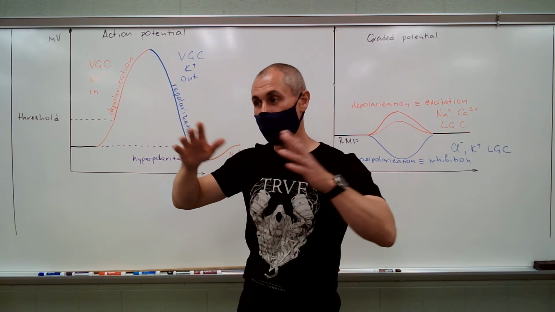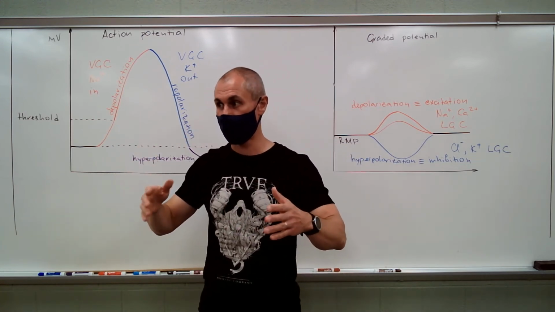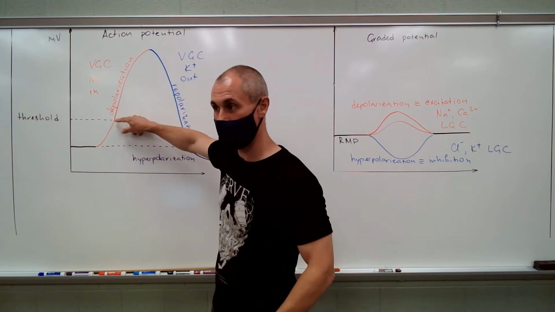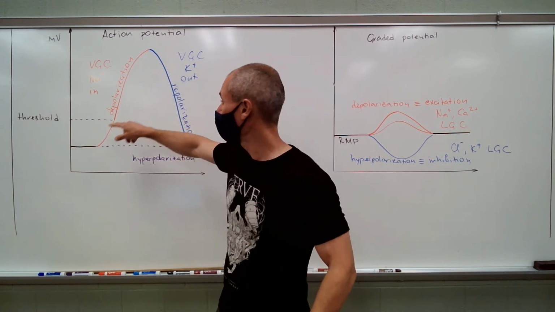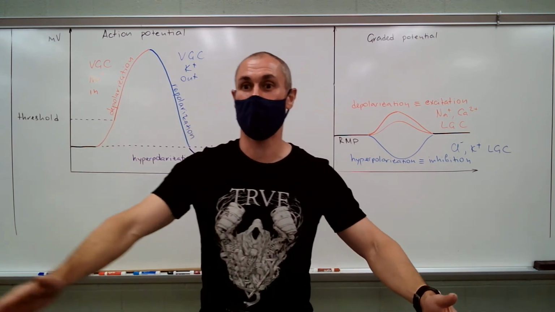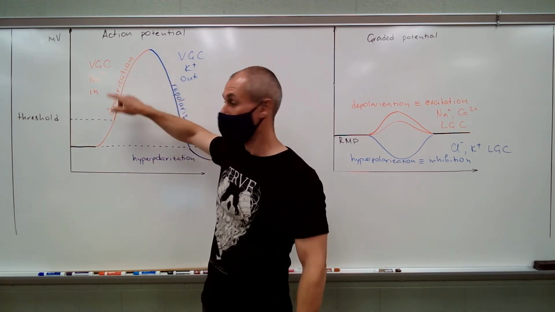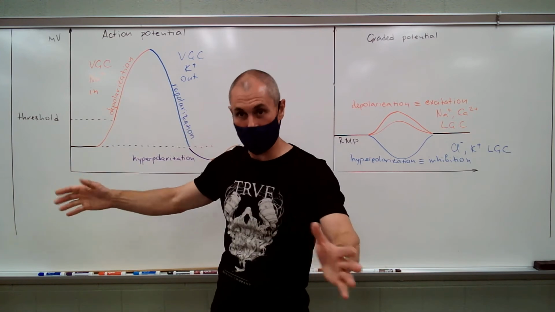If the number of ligand-gated channels that are open is sufficient to cause depolarization that will cross the threshold, you have voltage-gated channels opening. Does that make sense? Because at a certain threshold they start just popping open.